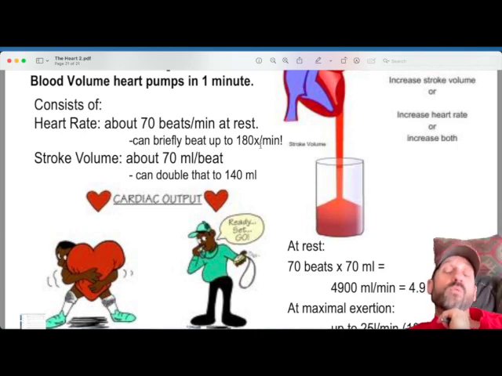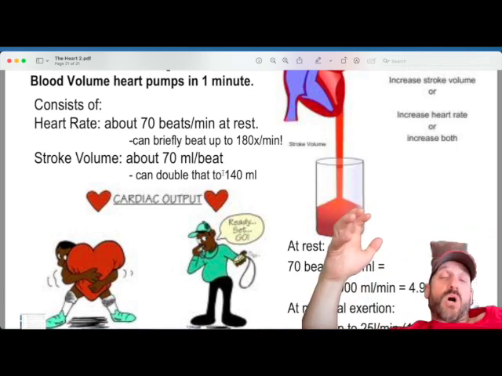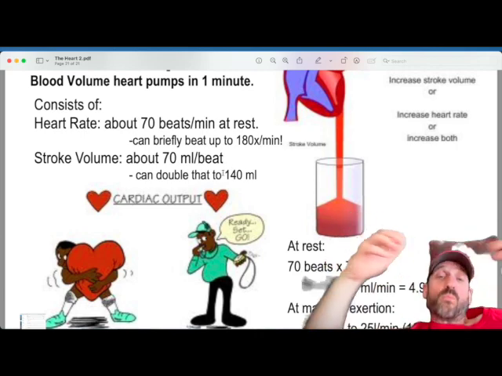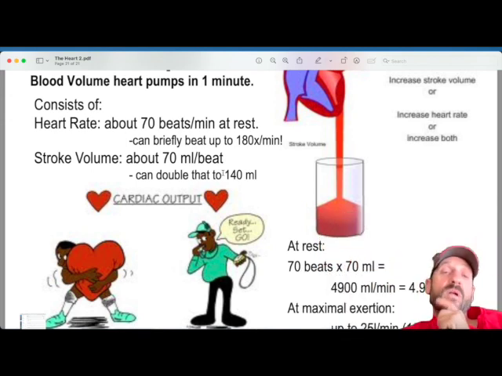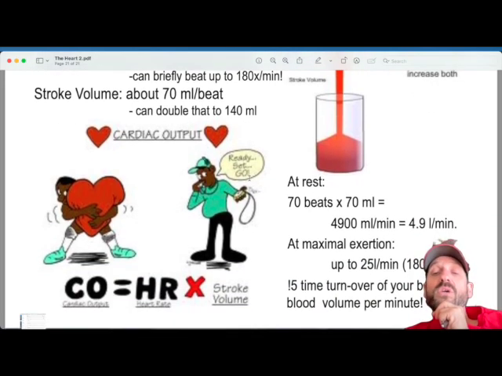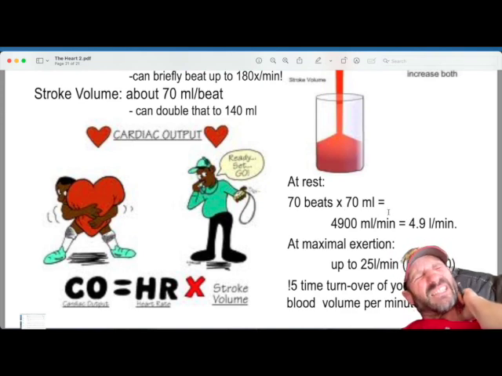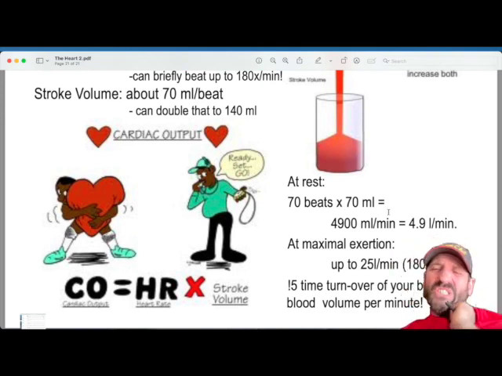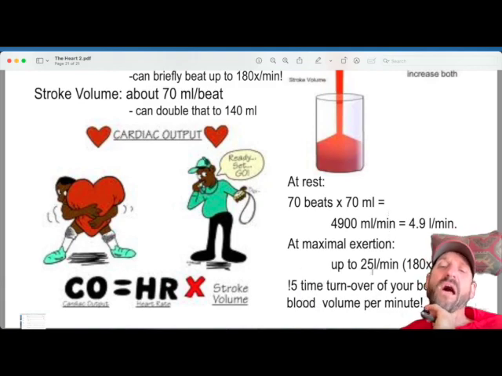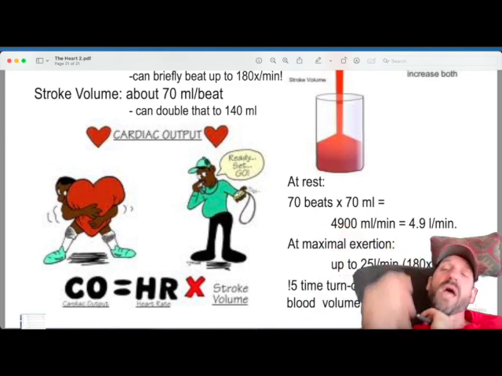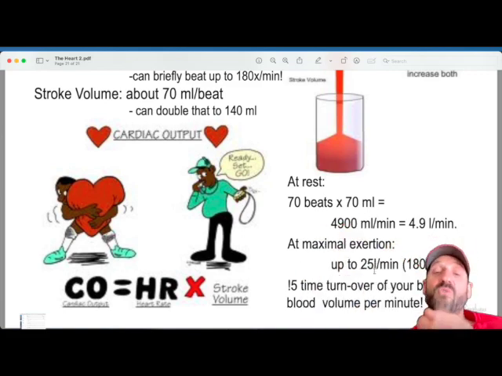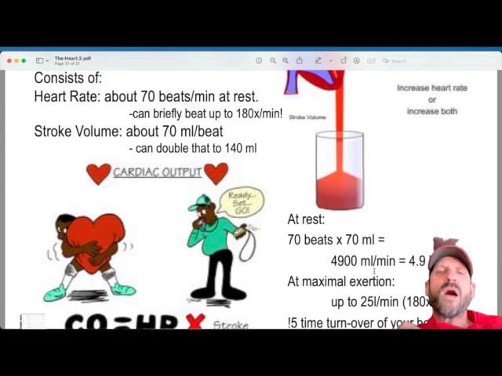And the volume, because the heart can stretch, and when it pumps more and faster, it will stretch more, can double to 140 milliliters. So in essence, you can go from about 5 liters, which is about a gallon and a half, to about 25 liters per minute. You can push that blood through the body 5 times as fast if you have to, for brief periods. So I think that's really kind of cool.